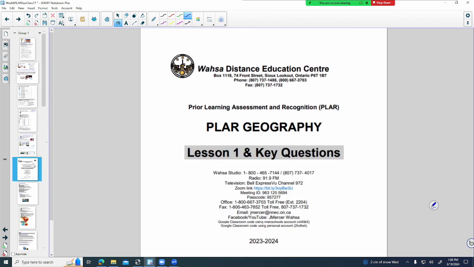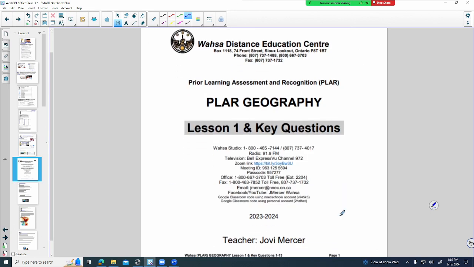So you will notice right on the cover page it says Google Classroom code using NNEC schools account. It's VII45K5. If you're using your personal account, the class code for that is 2HZLHET. So if you're having problems getting in there, make sure to let me know.